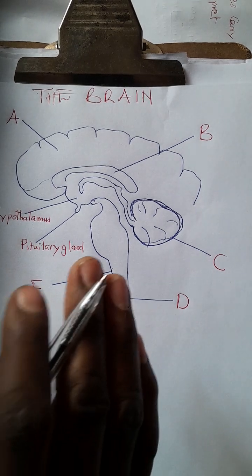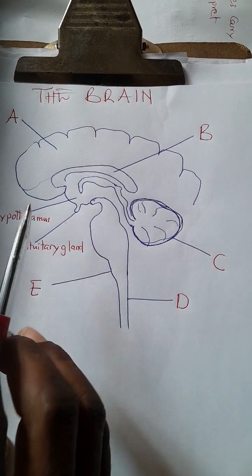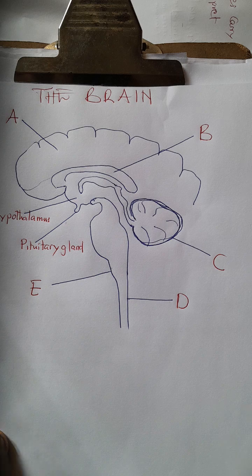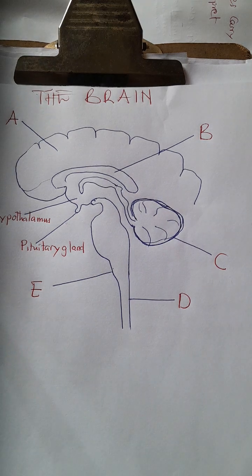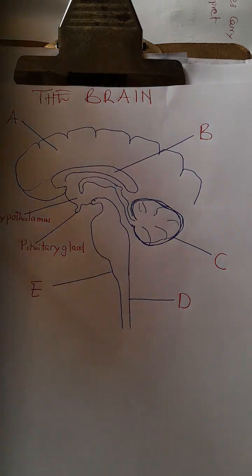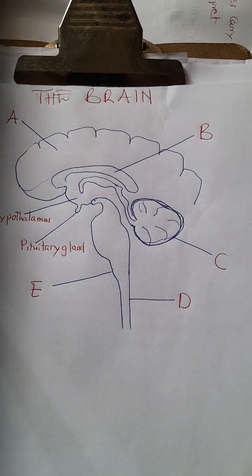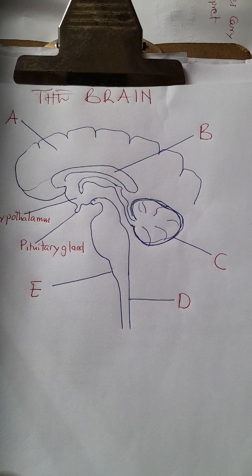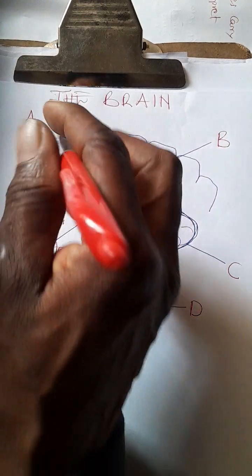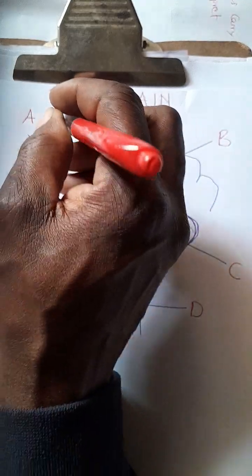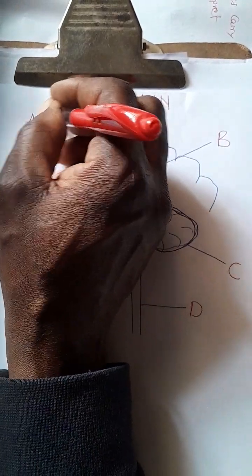However, I want you to remember the following parts that are labeled, because the questions in your examination are going to be aligned to the parts labeled A to E. A is the cerebrum.